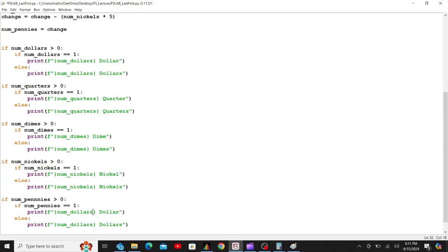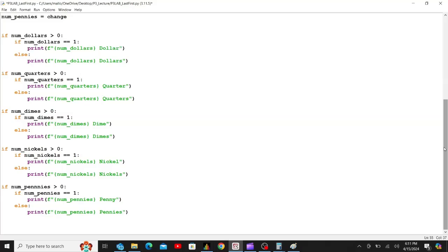If it does equal 1, this will be a 1, and we will say 1 penny. And if it is more than 1, we will print however many pennies, and we will print pennies with an S. All right.